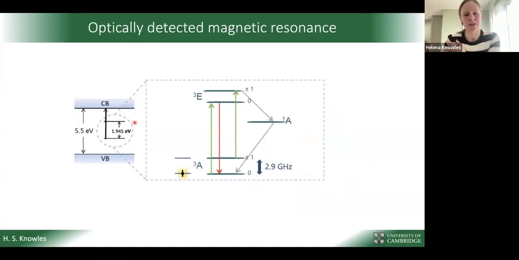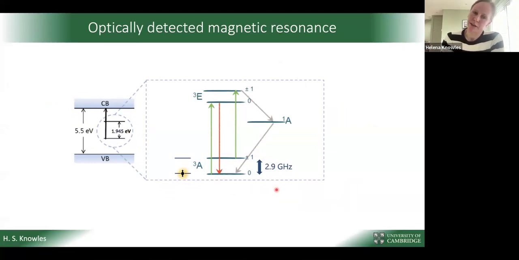In terms of the level structure, here you've got the diamond bandgap, which is conveniently very wide, and it's a very nice host material for this defect. And you can see here our qubit manifold, the spin triplet ground state, which is split by a 2.9 gigahertz microwave transition.